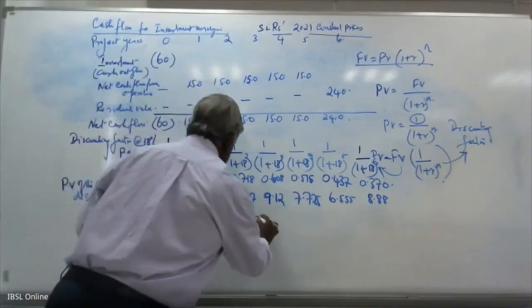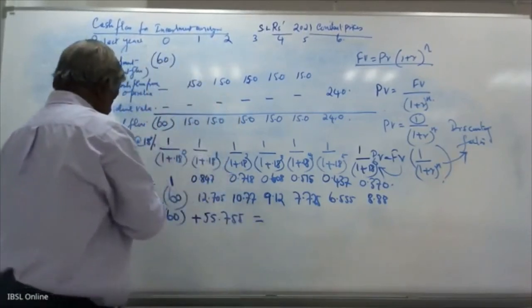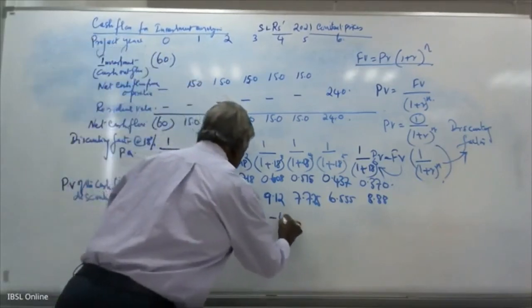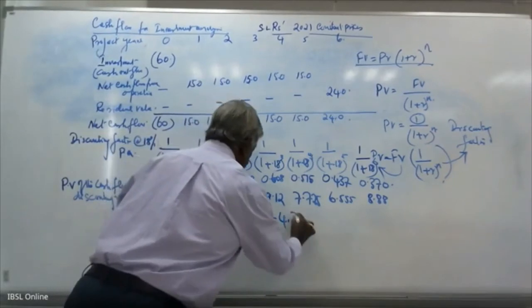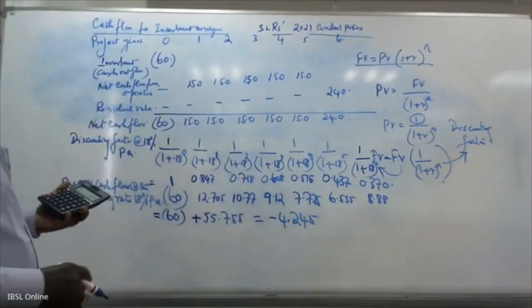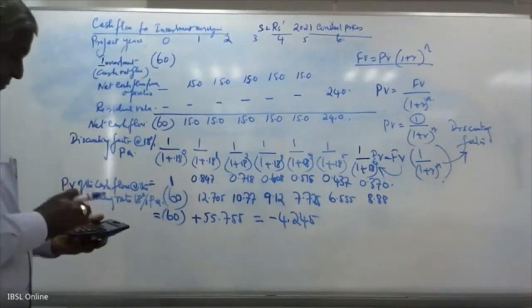What is the answer? That is minus 60, right? Minus 4.245. Minus 4.245. Negative value.